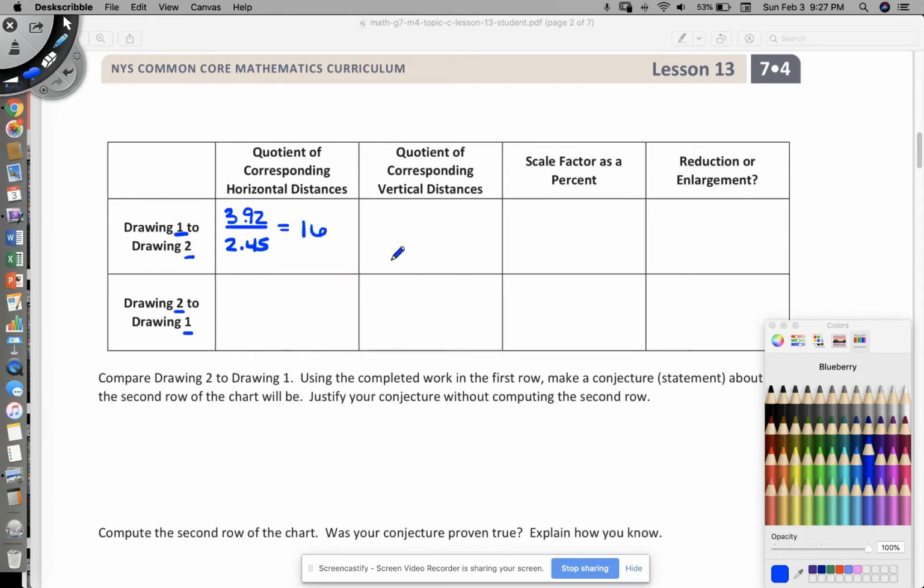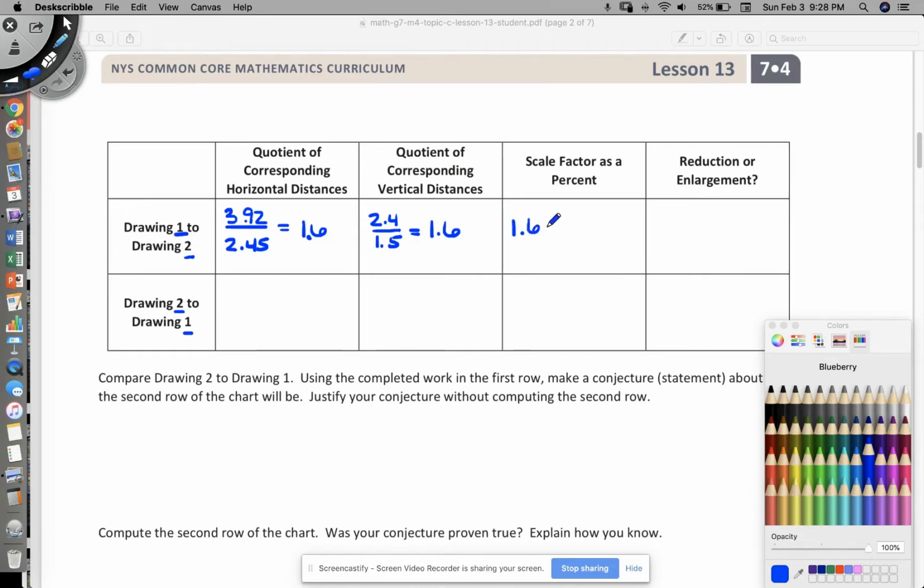Now the vertical distance from drawing 2 was 2.4, and again, that's the changed drawing, over the original of 1.5. And when you divide that out, you get 1.6. I forgot my decimal and said 16 because I wrote 16. Sorry, 1.6.